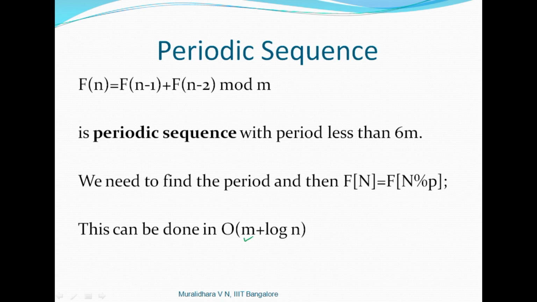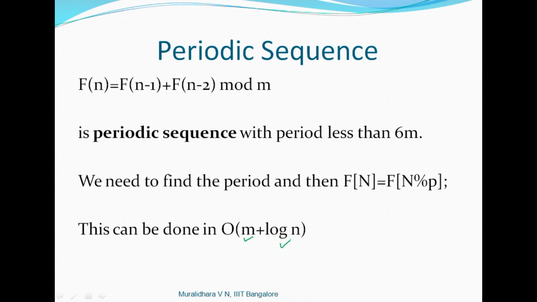Since the period is smaller than 6m, finding the period will take at most order m time. The while loop to find the period should go from 0 to p. Once you found the period, it's just a matter of dividing the number by p, which will take order log n time.